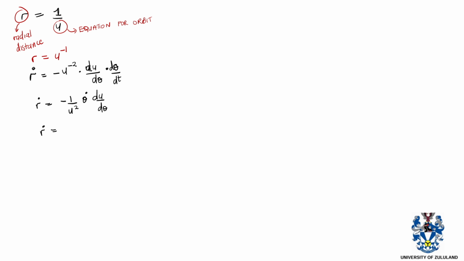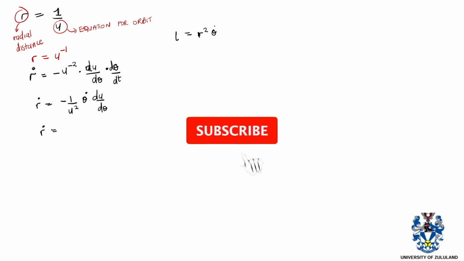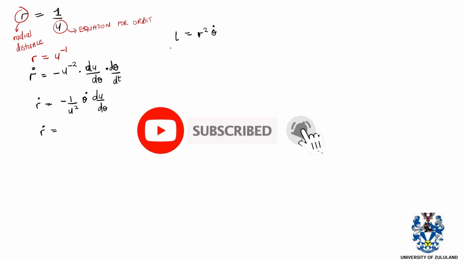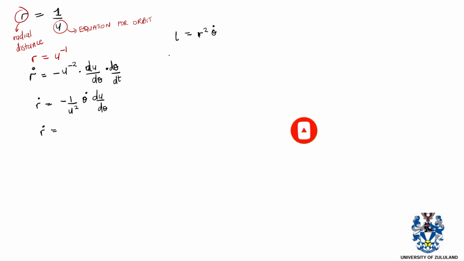So theta dot, remember from our previous video on Kepler's second law of planetary motion, we have said that L is equal to r squared times theta dot. This L represents the angular momentum per unit mass. We've done this proof at some point, so make sure that you check out that video to see how we got there. So basically, theta dot is equal to L over r squared.